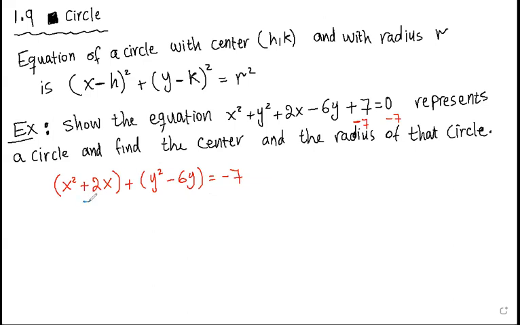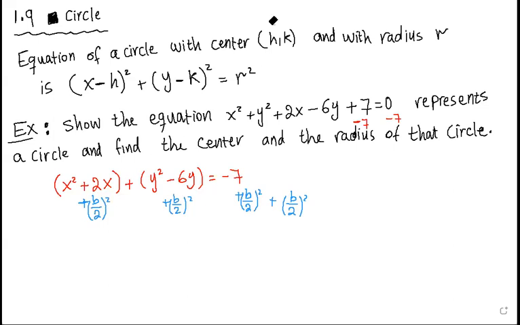So to complete the square, we add to both sides b over 2 squared. So I add b over 2 squared here, and the same thing here, b over 2 squared. Okay, let me explain what I did here exactly.